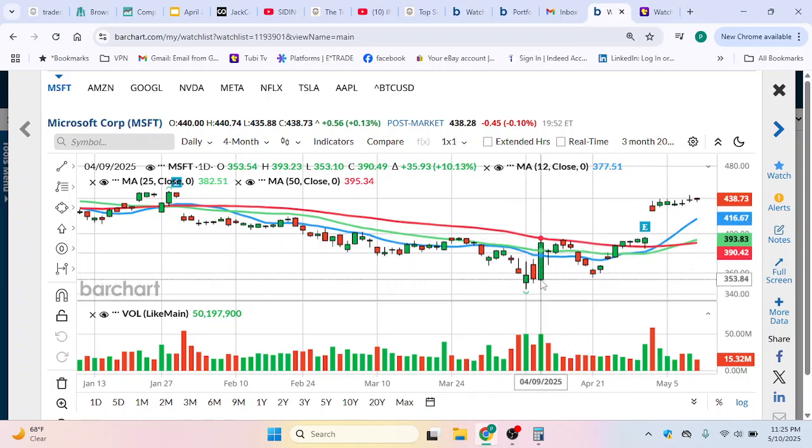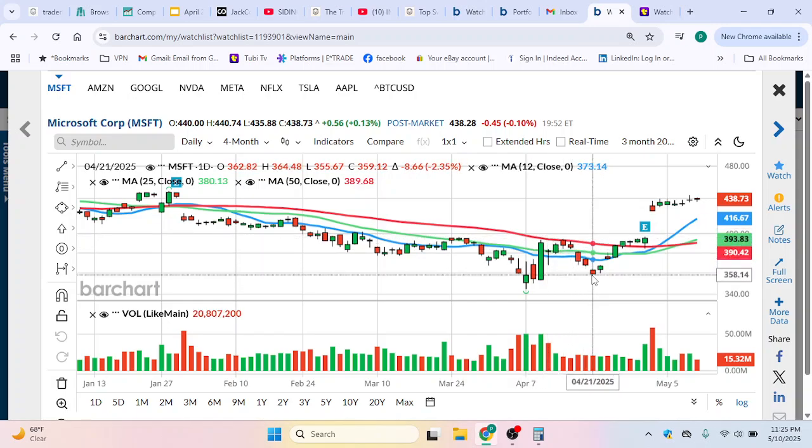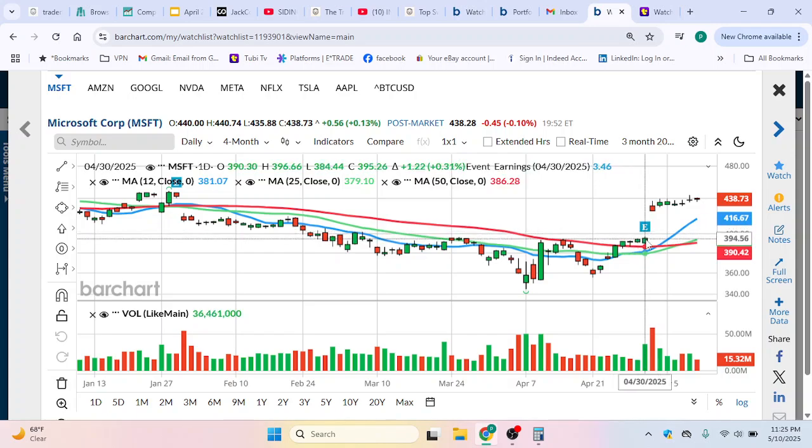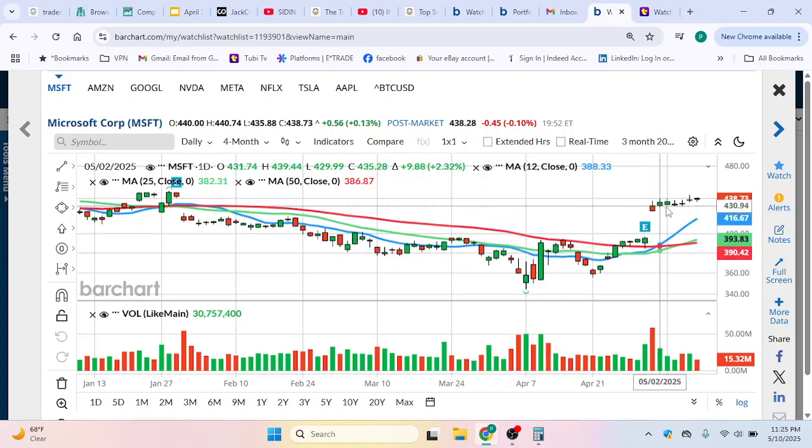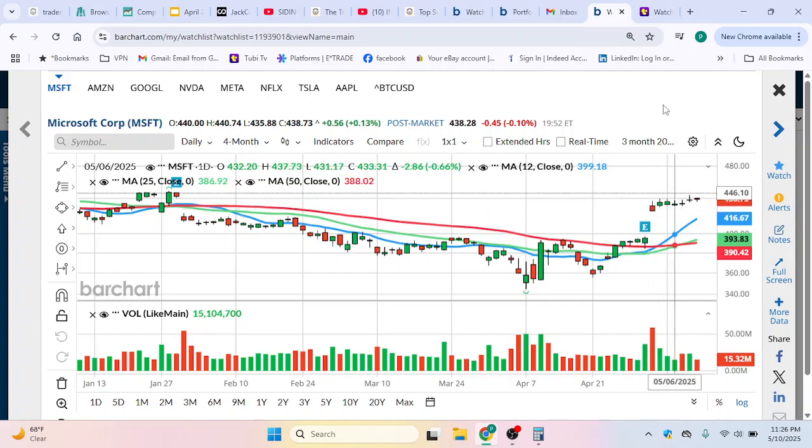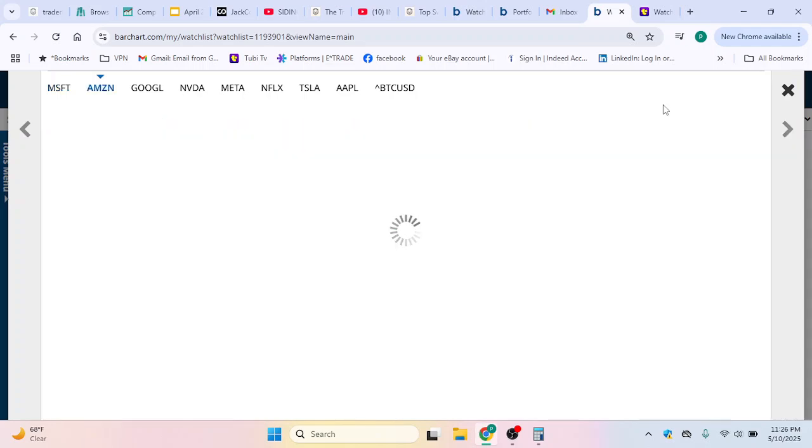Then we had a range expansion bar. We had a retest of that area and a nice rally off of this near-term bottom. We also had an earnings event recently at the end of April. From that earnings event, we had a nice gap up, and we've maintained that level for the last 7 or 8 days. So Microsoft has been very, very strong, and maybe even leading the rally, okay?